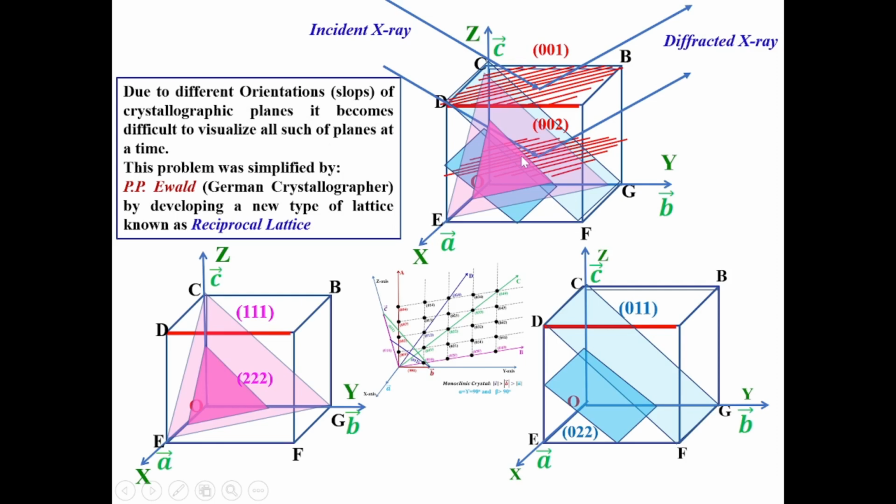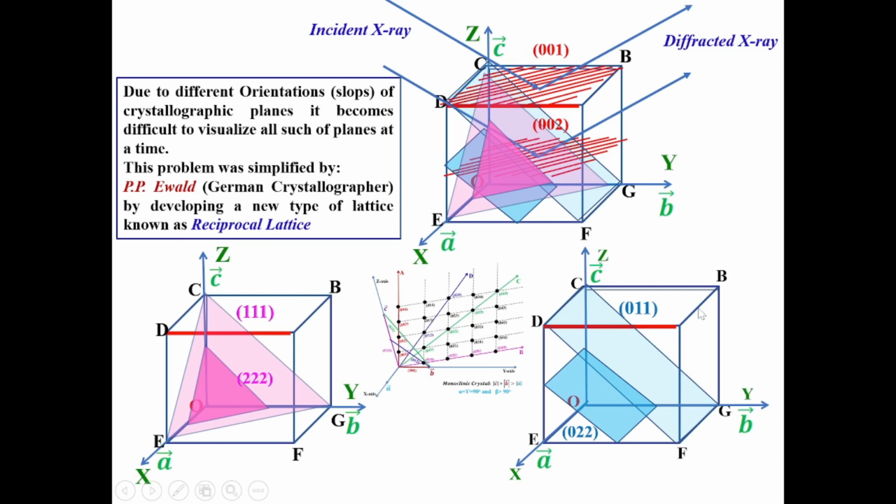To simplify this problem, P.P. Ewald, a German crystallographer, developed a new type of lattice which is called the reciprocal lattice.